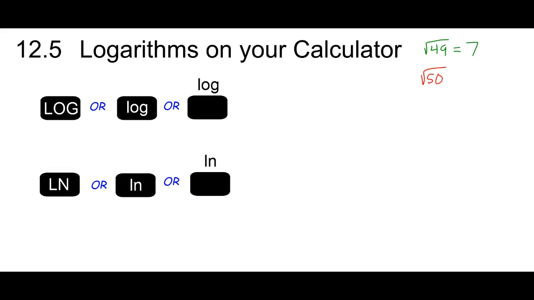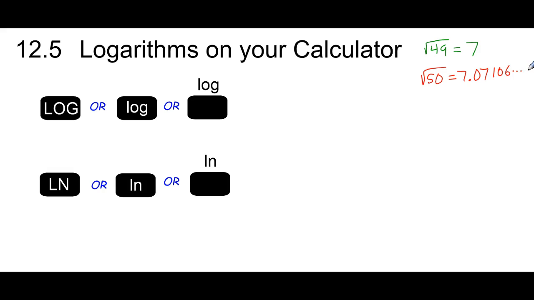On the other hand, a very similar problem, square root of 50, it's really close to 49, that legitimately does require a calculator. I would expect you to grab a calculator, press some buttons, square root of 50, and get 7.07106, etc. for however many decimals are important for that problem.